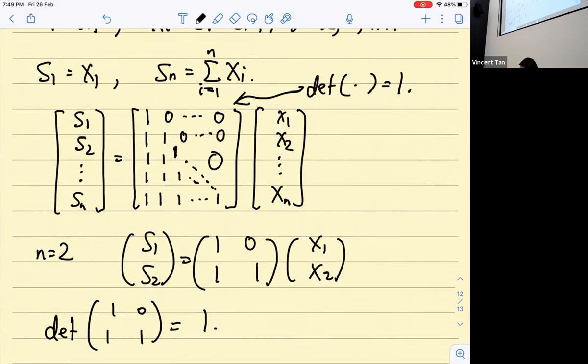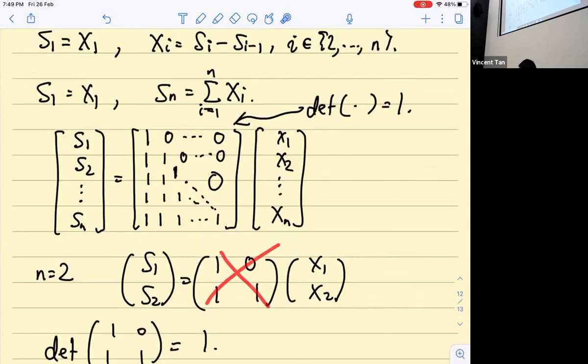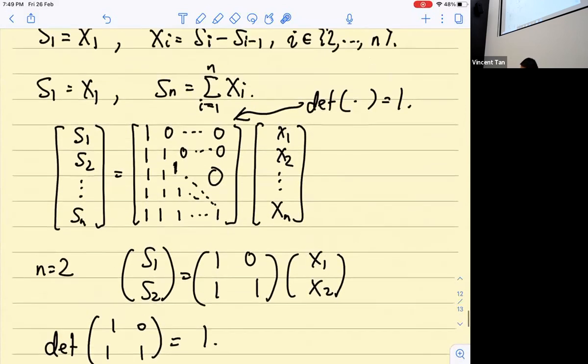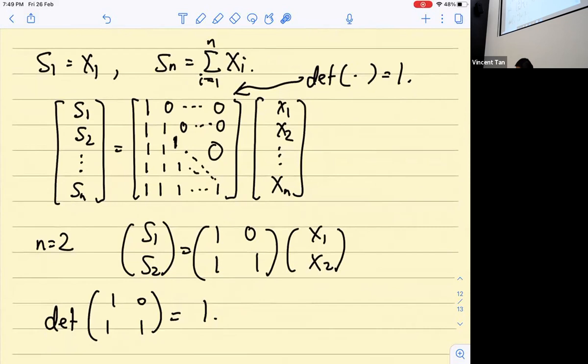I do the n equals 2 case because I can do this determinant very quickly. But for general n, you need Python. If you don't have Python, you can do this by induction or by inspection. All right. But nevertheless, I did it for n equals 2, and the determinant is equal to 1. What does this mean? What does multivariable calculus tell us?